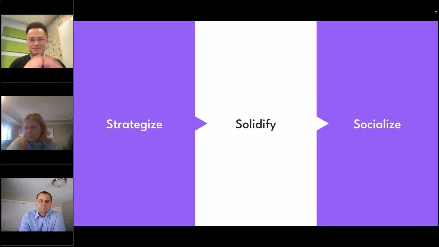So I like to simplify some of the suggestions that we have. I know we're covering very dense areas with accruals, but if you think about these 3 S's, they will come up again. With any kind of process change that you're considering, strategize and solidify and document and then socialize. I think this is a very simple framework to keep in mind to be successful at deploying new processes.